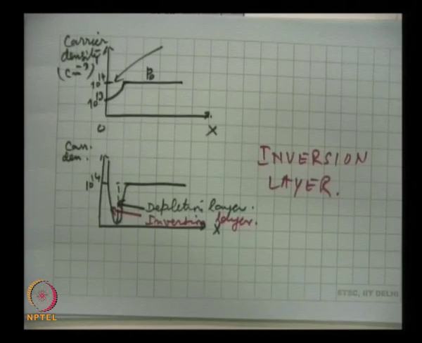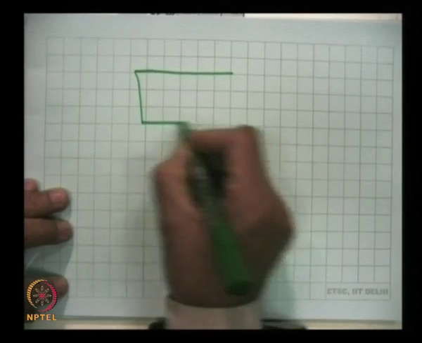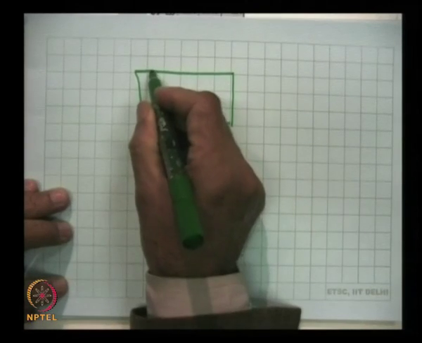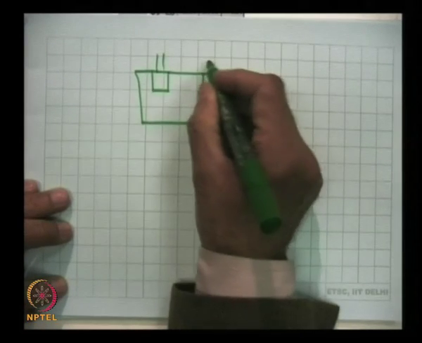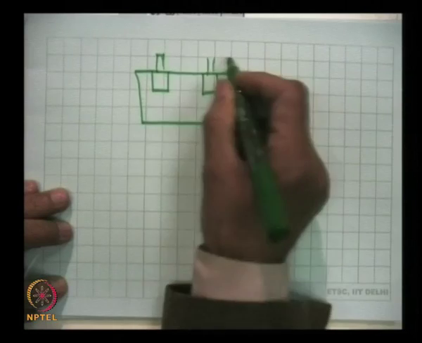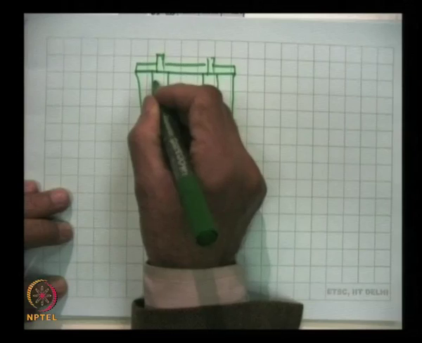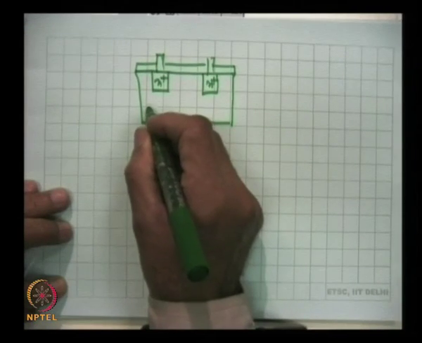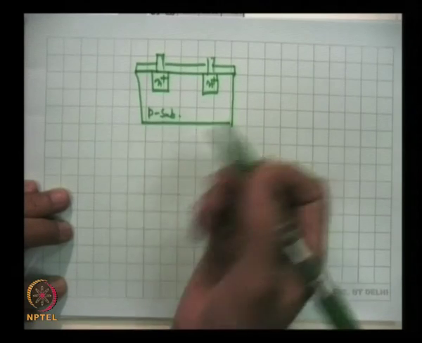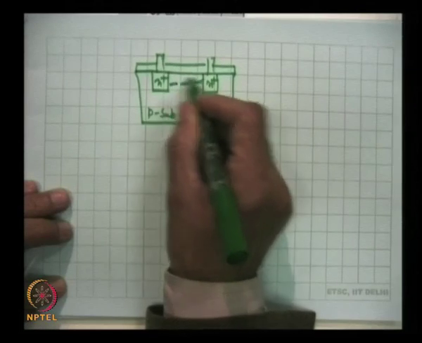Now, finally, what we have is this. N plus and N plus, both are heavily doped N regions. This is the P substrate, P silicon normally, and here the channel is formed.